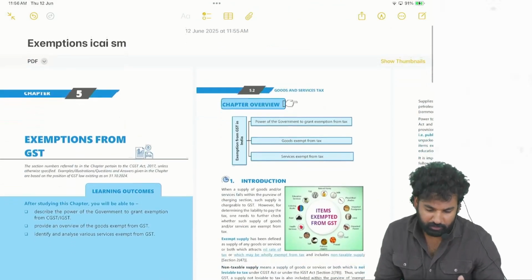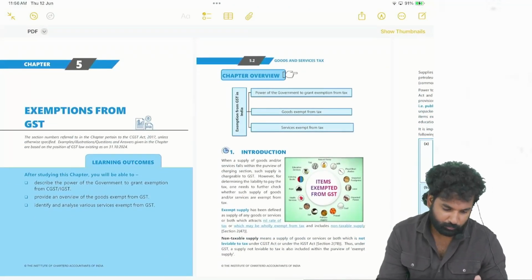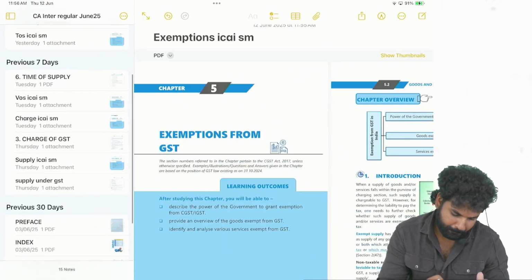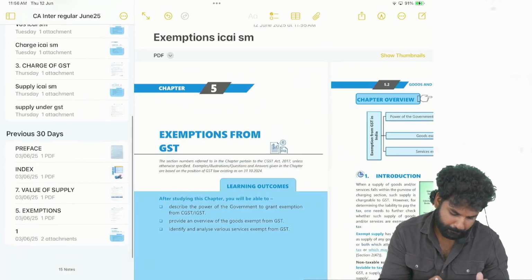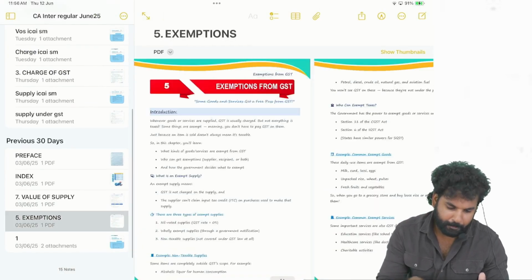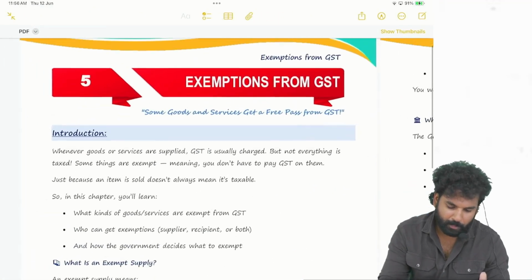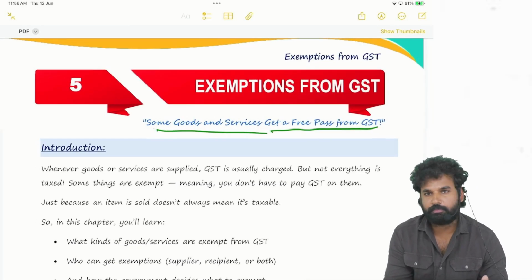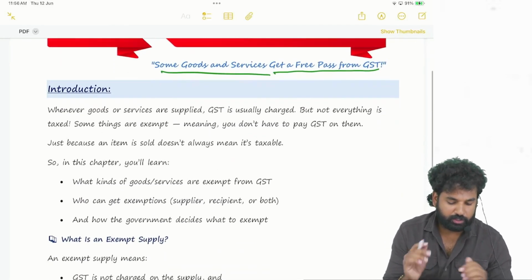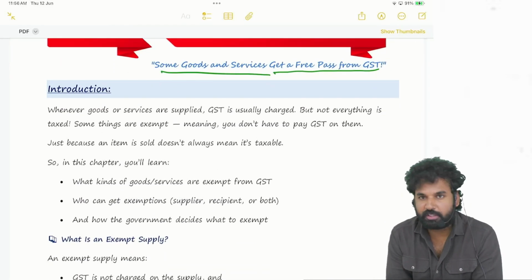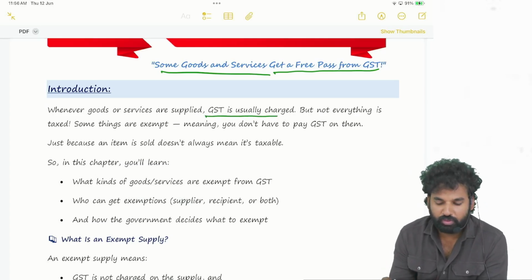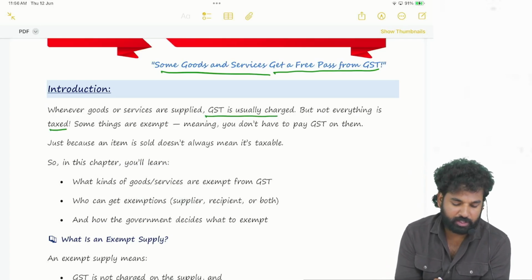Right, we will start with the introduction of this chapter. Some goods and services get a free pass from GST. Introduction: wherever goods or services are supplied, GST is usually charged, but not everything is taxed.